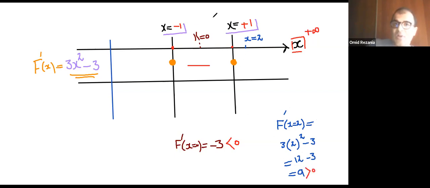As a result, any numbers in the range from +1 all the way to infinity, if I put that inside f prime of x, it's going to give me a positive number. You see, you start by randomly selecting one number, and the sign of f prime of x with that number decides for the whole range of those numbers.